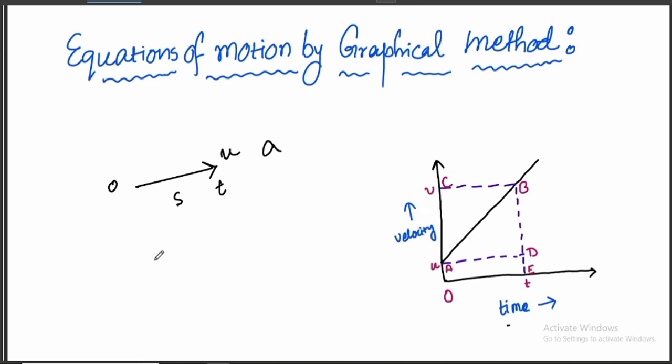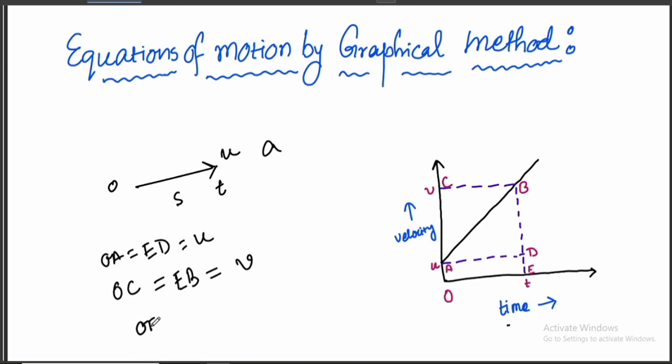So from this graph, OA is equal to ED, and that is our initial velocity u. And OC is equal to EB, that is our final velocity v.